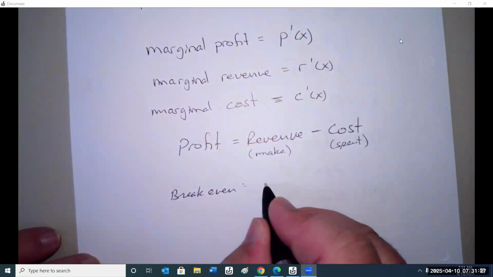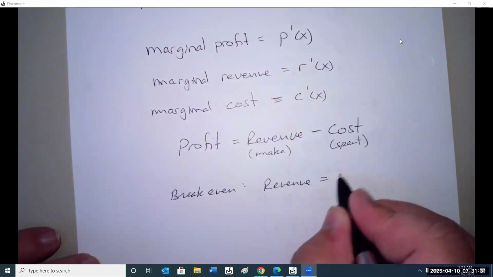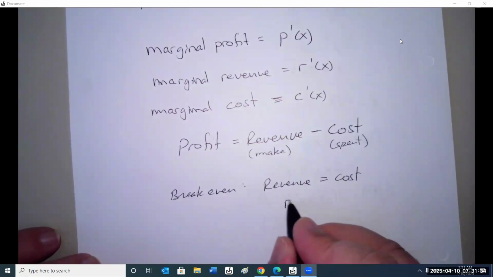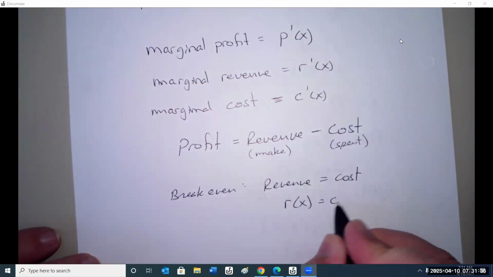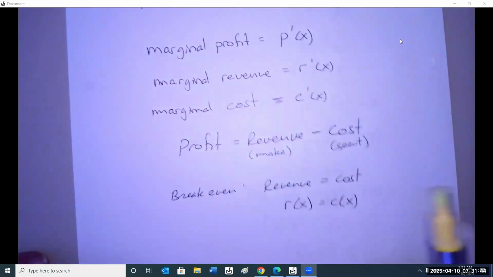Break even occurs when the revenue equals the cost. That's when you break even. So you haven't made any money, but you also haven't lost any money. All right, so let's look at a business example, and that'll be it.